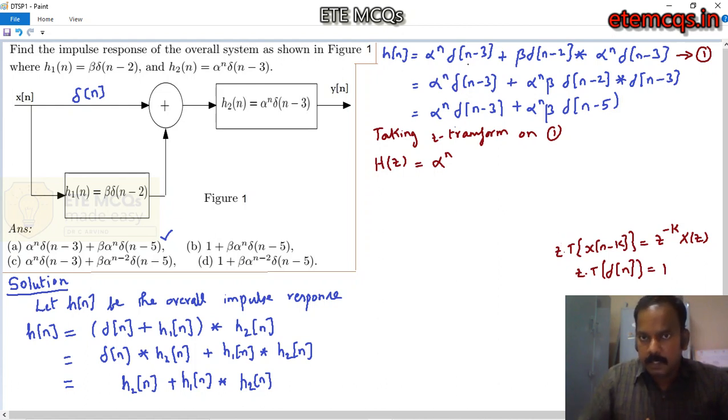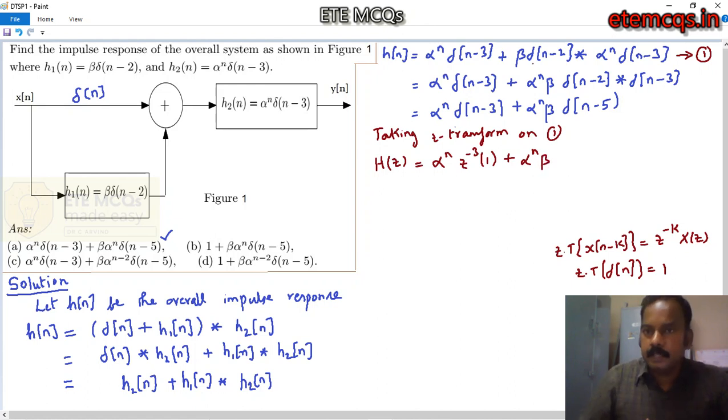Now del of n is delayed by 3 samples. So you will have z power minus 3 into 1, plus beta and alpha power n; beta can be taken as a constant, so it is a product, alpha power n into beta.